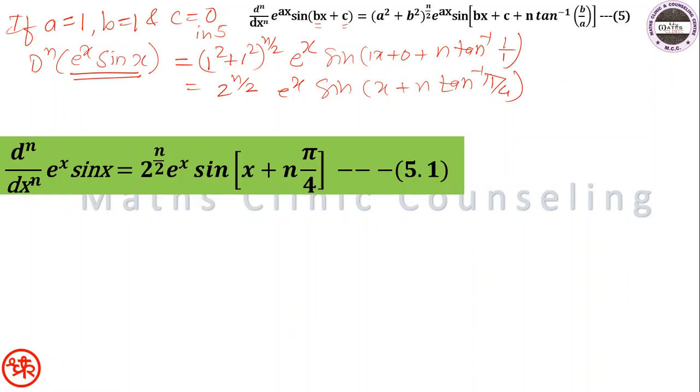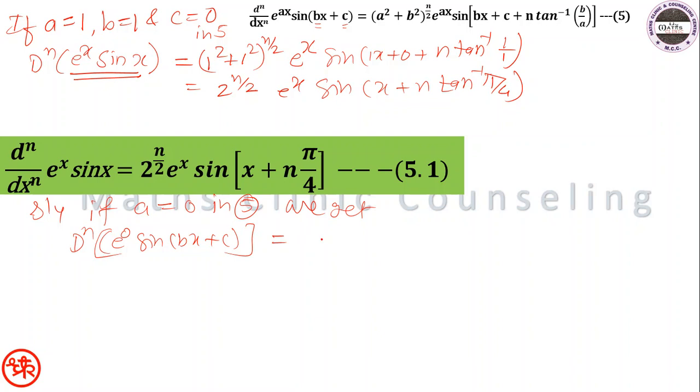So we have got this formula 5.1. Is that clear? Similarly, if a is equal to 0 in formula number 5, then what will you get? d^n of e to the power 0 sin bx plus c, right?